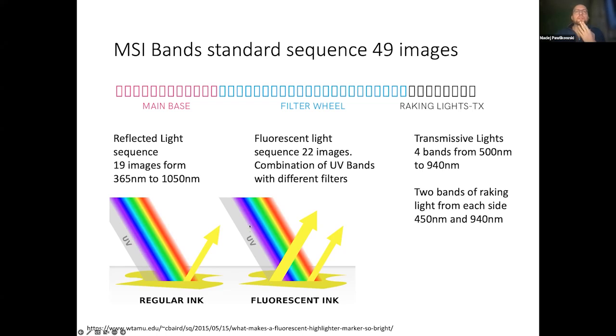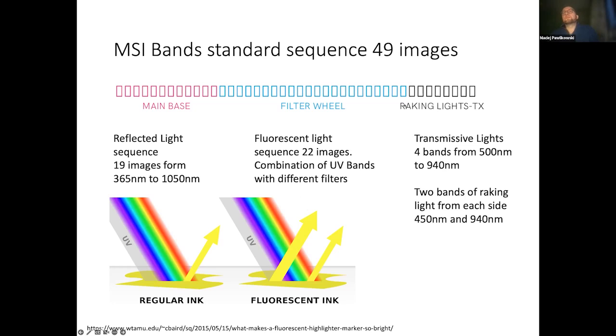With fluorescence it's a bit different, because the UV light carries some amount of energy, which makes those inks or things in the spectrum fluoresce a little bit more. So then you gather a bit more information. Those images are slightly different. And if you use filters between the camera and the object, you can filter it even more. So sometimes there might be very interesting results. This is why it's really worth trying that.